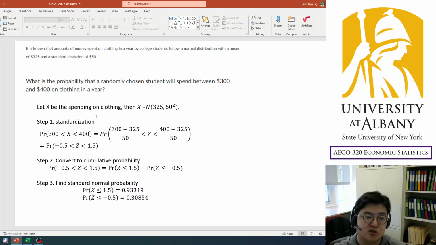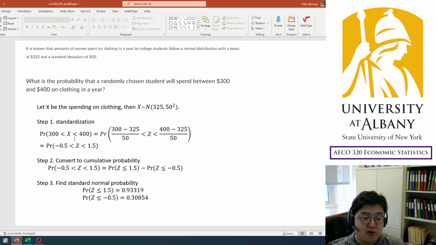Another similar structure question. X is the spending on clothing by a college student in a year, and we know it is normally distributed. So we are going to standardize when we calculate this probability between 300 and 400, right? This probability will be standardized by subtracting 325, the mean, and dividing by the standard deviation 50, right?